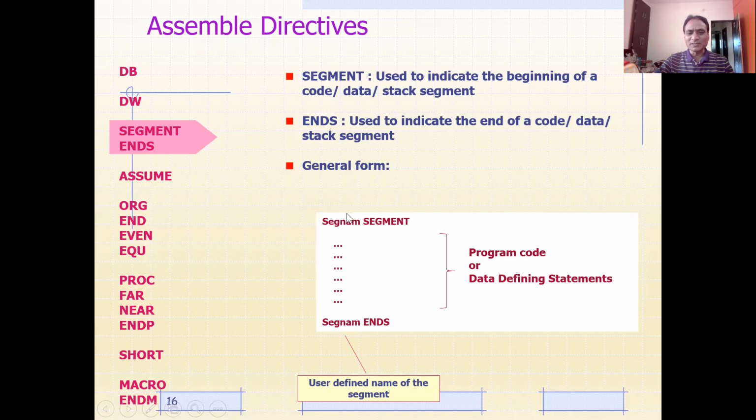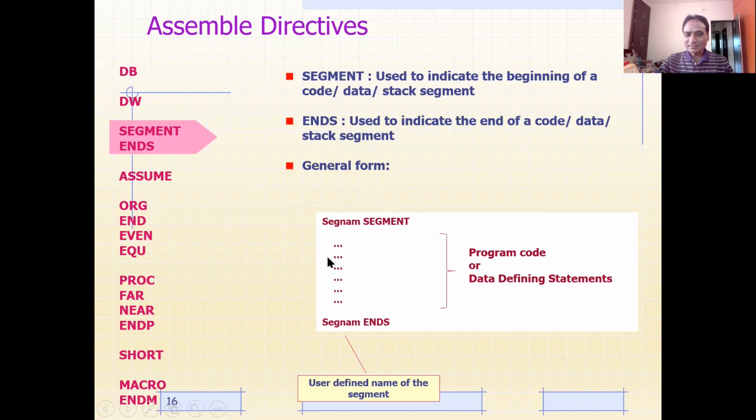You can make it very simple: instead of this, you can write SUM SEGMENT, and then SUM ENDS. What does this mean? It means the segment name is SUM, and this is the start of the segment.